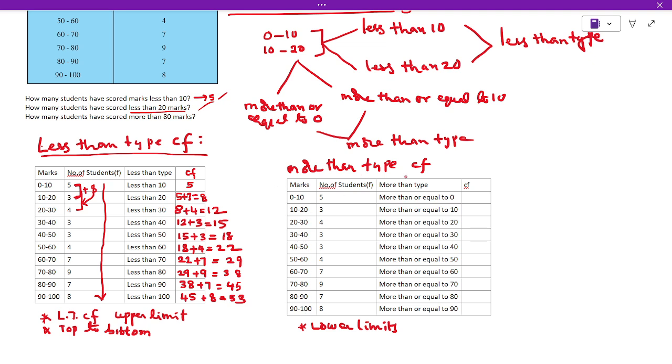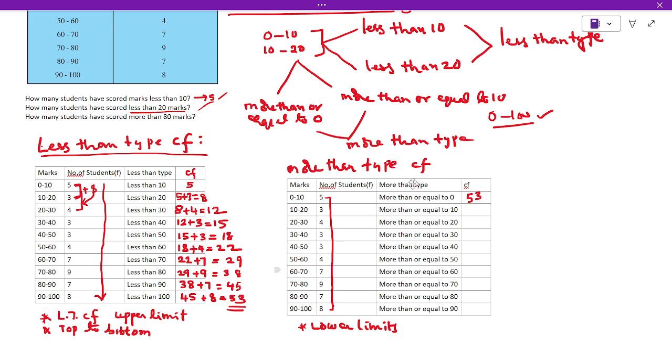So I am starting from 0 to the maximum. Therefore this is called more than or equal to 0. That means I need to add all these numbers. If you add up all these numbers, what is the total frequency we got? This is 53.